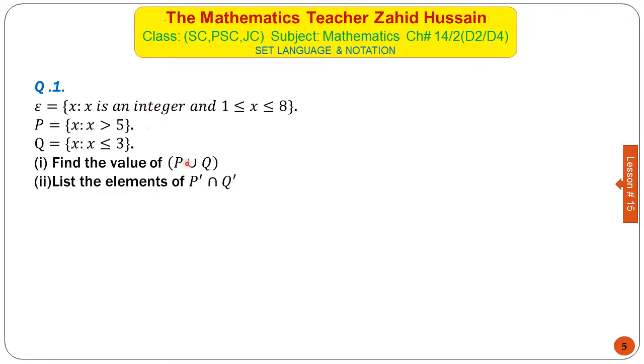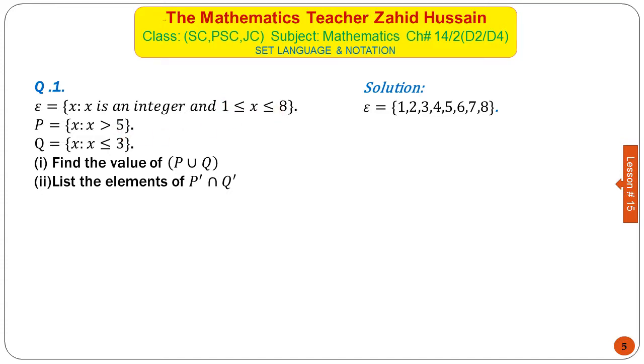Now to find P union Q and P complement intersection Q complement, we will first write these three sets in tabular form or listing form. Universal set in listing form is 1 2 3 4 5 6 7 8, because it belongs to integers which are greater than or equal to 1 and less than or equal to 8.